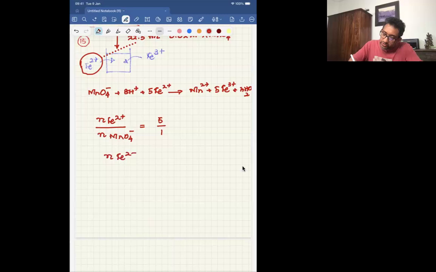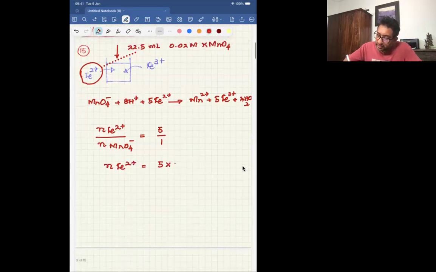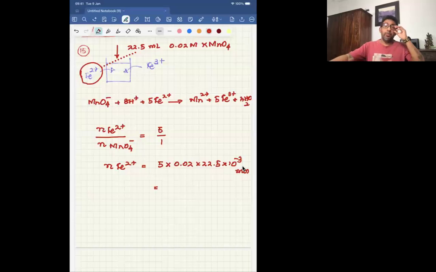Number of moles of Fe plus 2 is 5 times permanganate. 5 times permanganate is 0.02 molar times 22.5 times 10 to the power minus 3. This is the number of moles. You don't forget the unit. Very important, right? So 5 times 0.02 times 22.5 times 10 to the power minus 3 is equal to 2.25 times 10 to the power minus 3 moles.